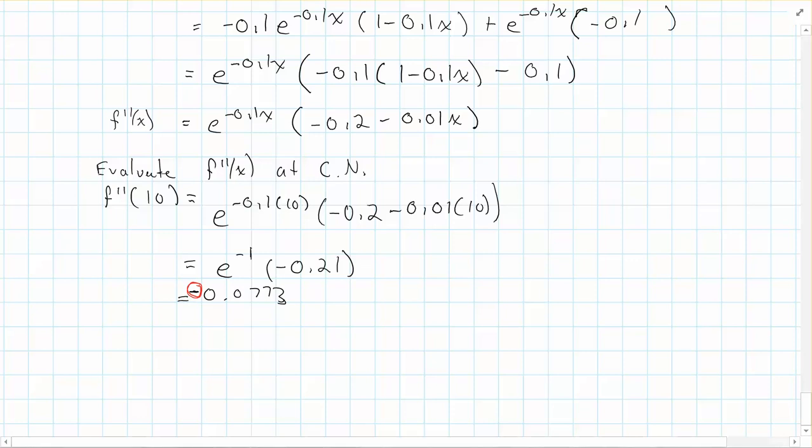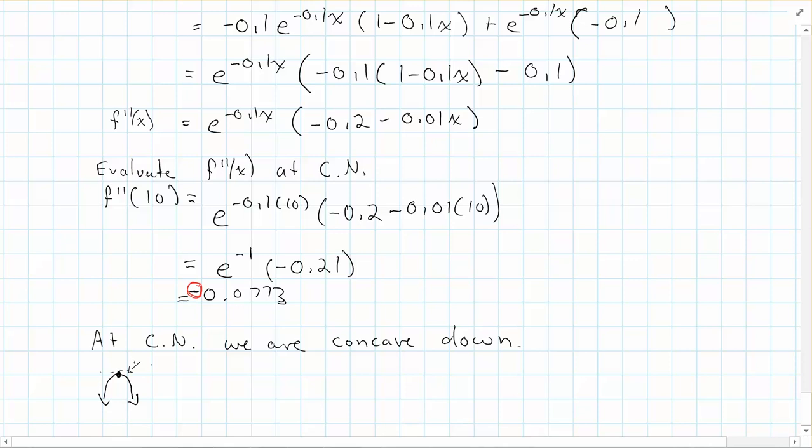So what does that mean? It means at the critical number, we are concave down. So what does that give me, a max or a min? Well, the easiest way is to just draw something that's concave down, and that's where my critical number would be, because it's got the horizontal tangent line.